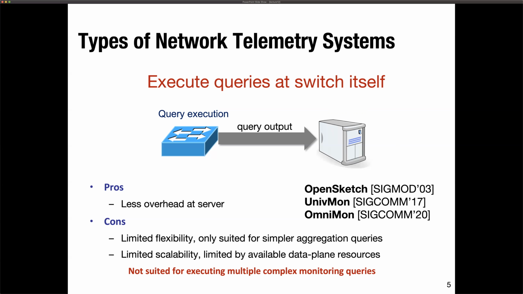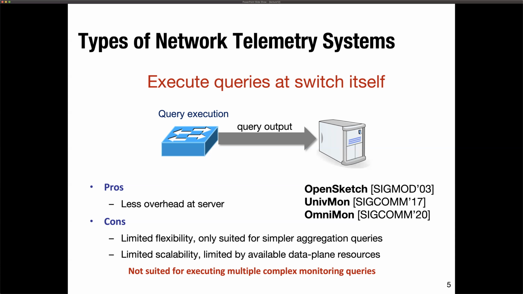So just to build some intuition, if there is a link with 1 Gbps of traffic, and you apply a stateful operation, say distinct or reduce, as we were covering earlier, versus a link which has 100 Gbps, then you would expect that the 100 Gbps link will require a lot more state to perform the stateful operation, right? And depending on how many resources we have on the switch, this type of scaling might or might not be possible, right?